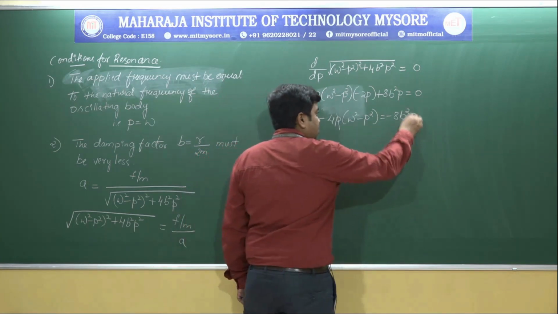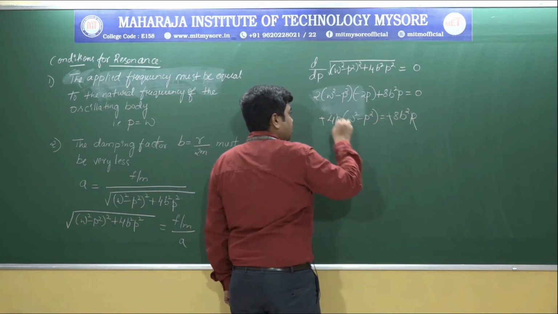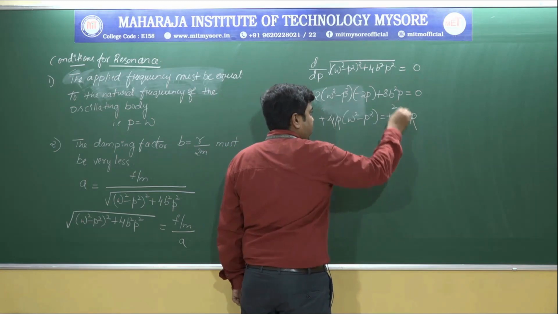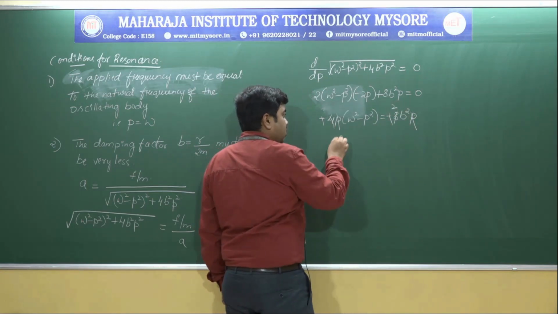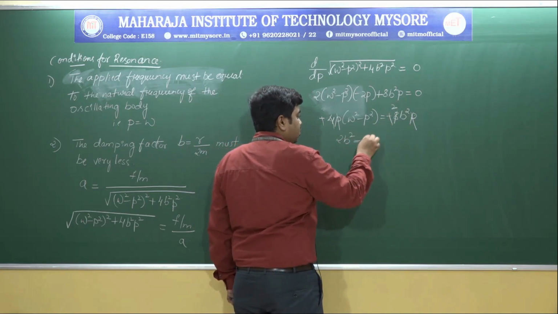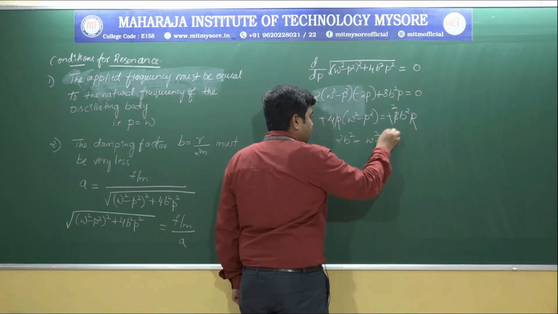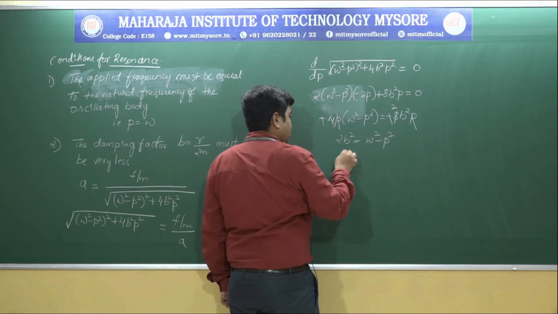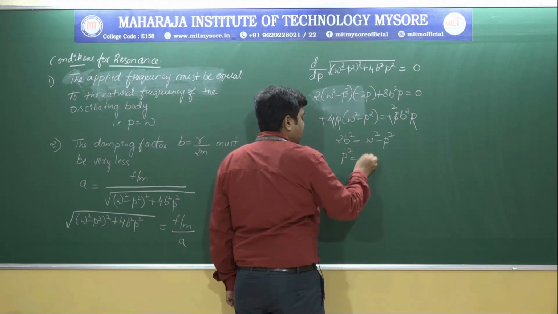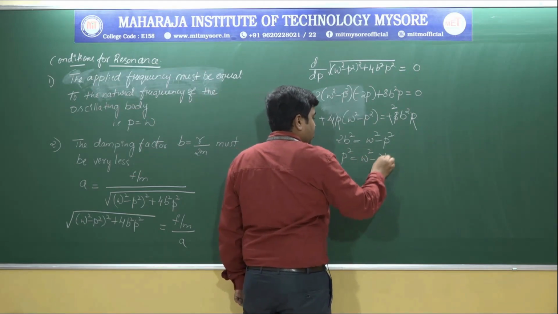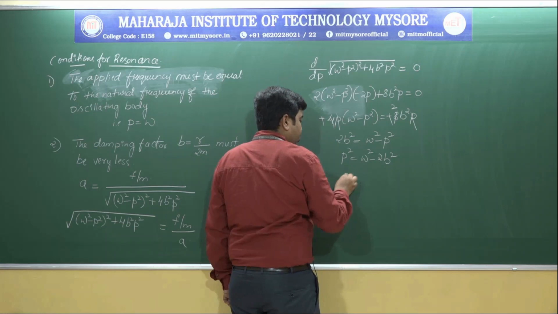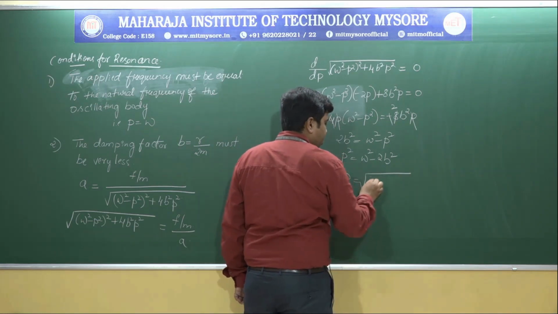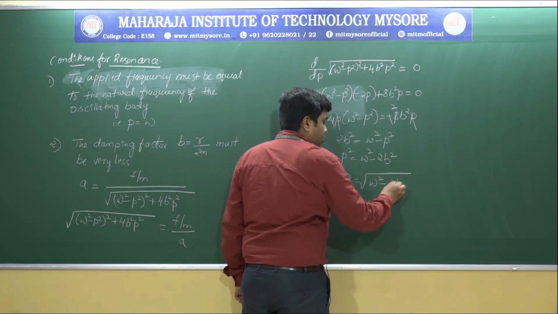So, p gets cancelled, the negative sign cancels, and then this is 2 times. So, we are left with 2b square is equal to omega square minus p square, or p square is equal to omega square minus 2b square, or p is equal to square root of omega square minus 2b square.